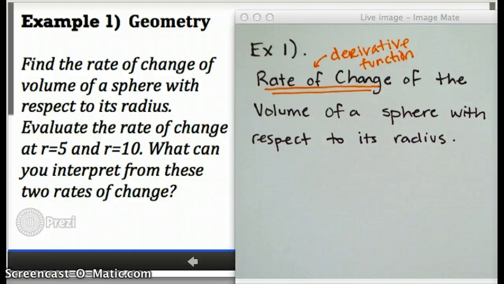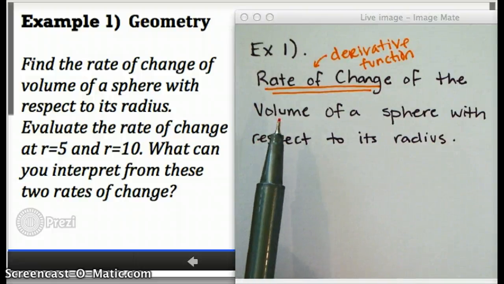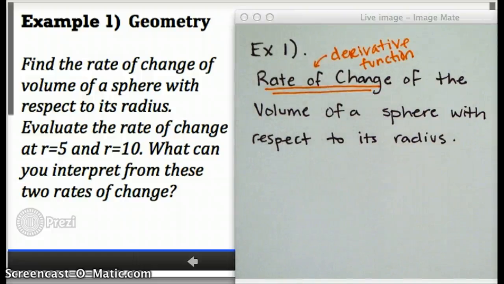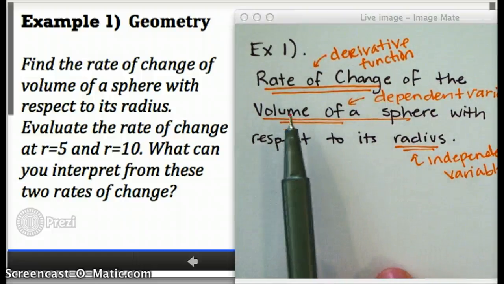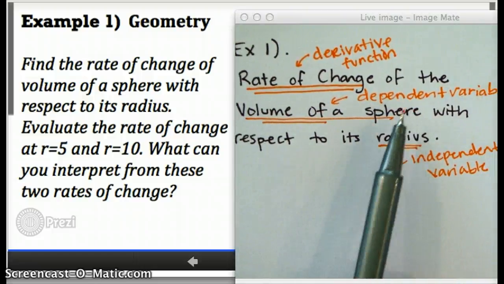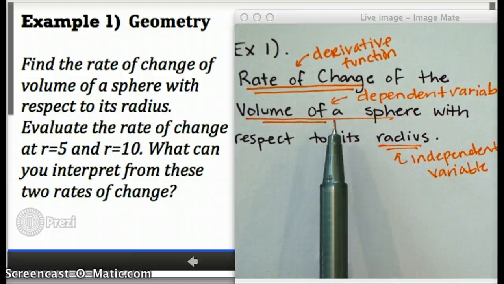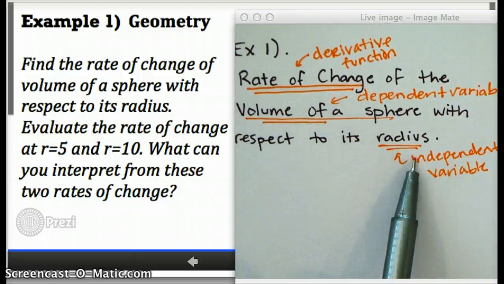And it's going to be the derivative of a function that has a particular input and output, and the problem tells me what they are. The function that I'm starting with, the function whose derivative I want to take, is the function that measures the volume of the sphere using the radius, and that's my dependent and independent variable.